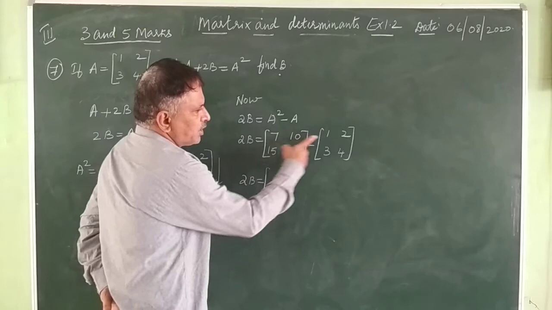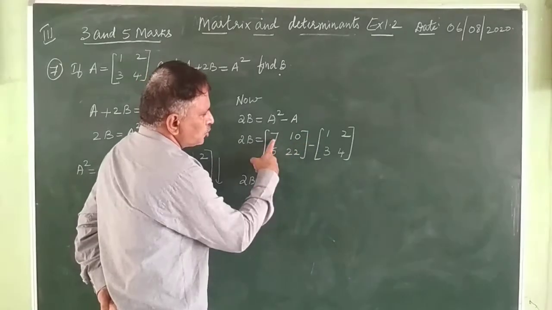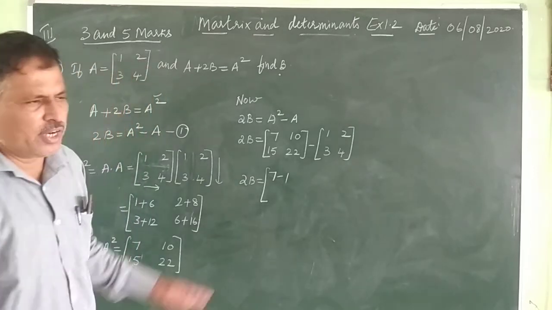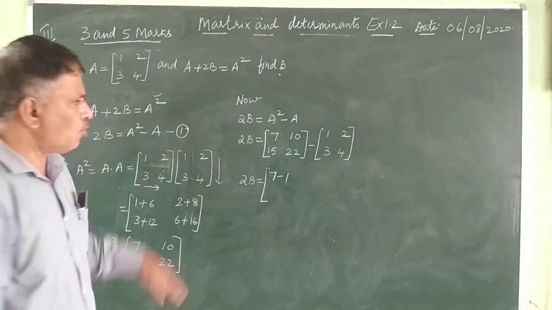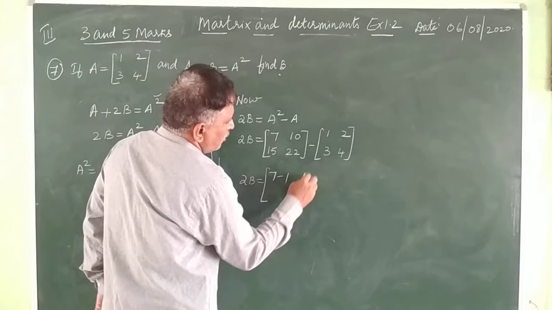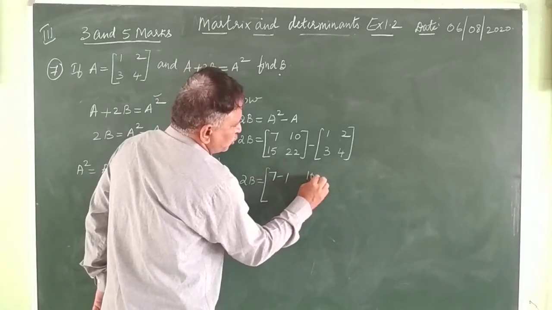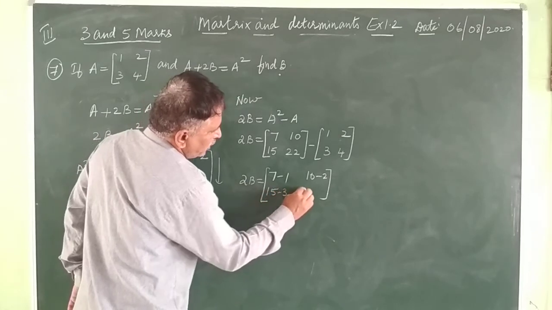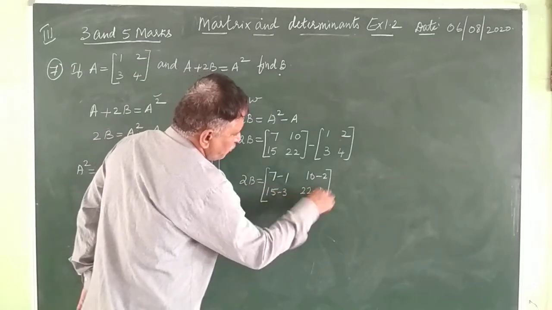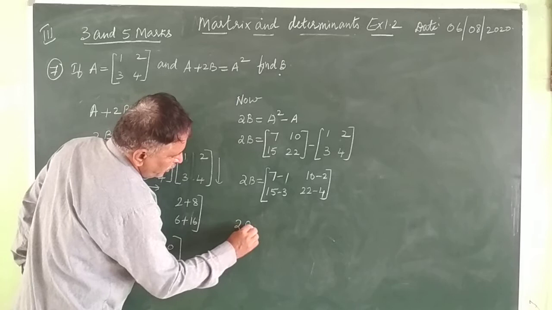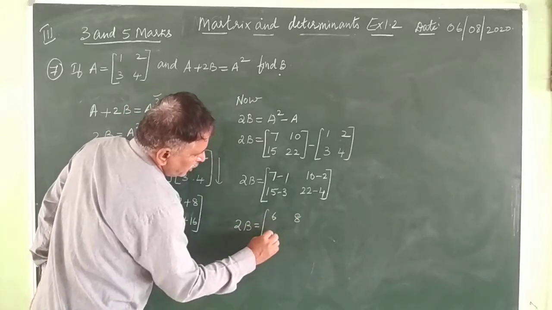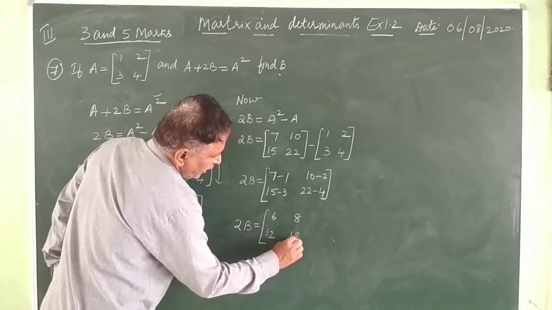For the 7, the corresponding element is 1, so 7 minus 1 is 6. You can write directly 10 minus 2, 15 minus 3, 22 minus 4. So 2 times B is equal to 6, 8, 12, 18.